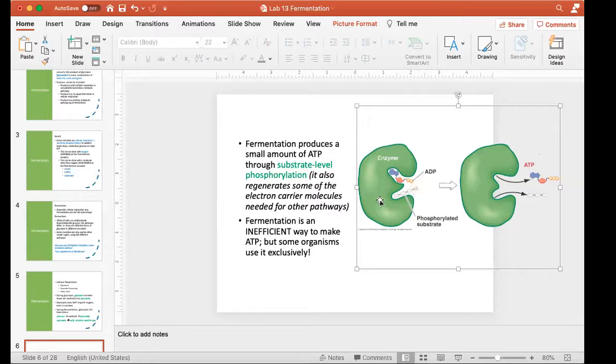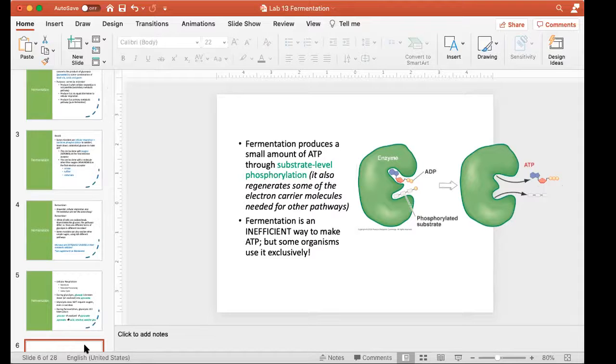It's called substrate level phosphorylation because the phosphate group is going to come off of the substrate molecule and go on to ADP, creating ATP. It's an inefficient way to make ATP, but it works.